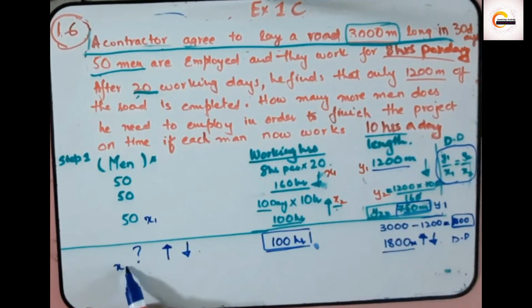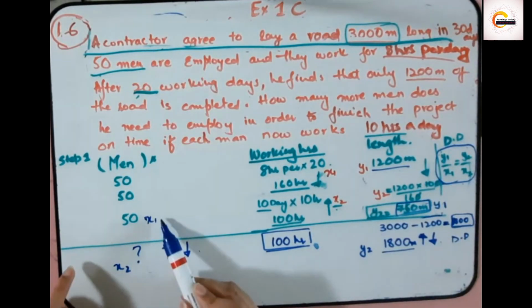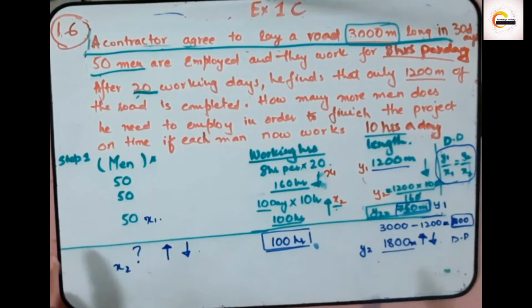This is going to be x2, the required number of men, and 1800 is going to be y2. Simple. This is the same question that we did in exercise 1a, when 3 variables are known and 1 variable is unknown. So let's do it.